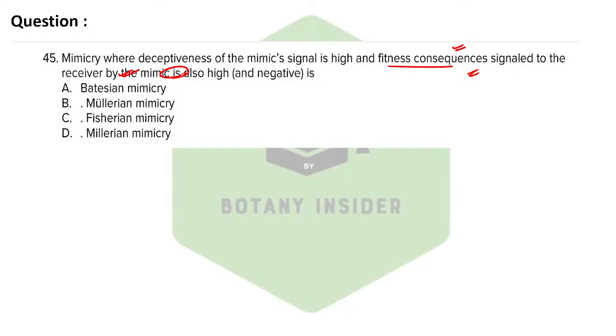Give it a try, everyone. The options are Batesian, Mullerian, Fisherian, and Millerian. We need to find out which of these mimicry types this is. So the answer for this is option number A.